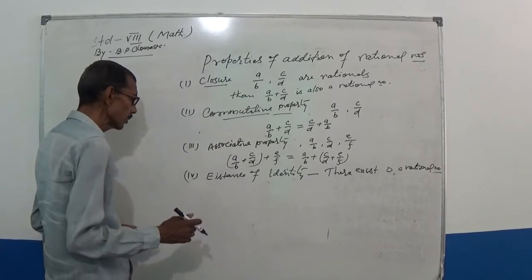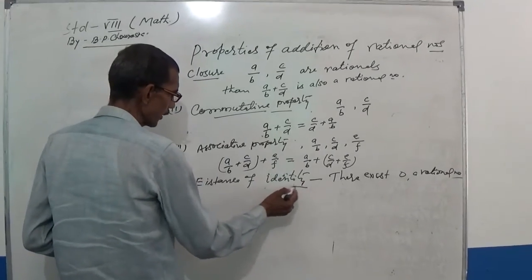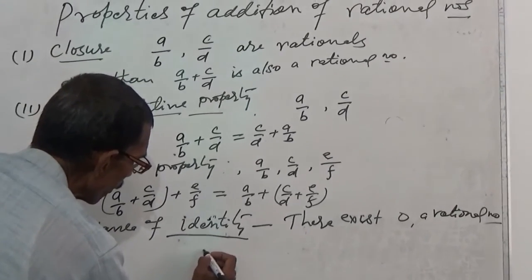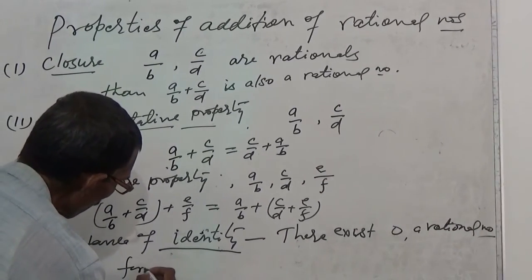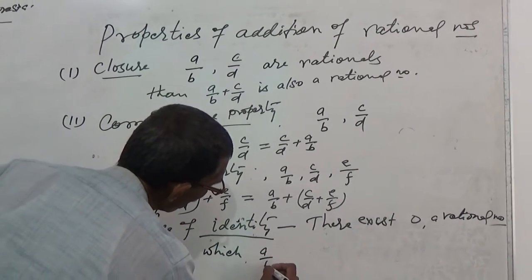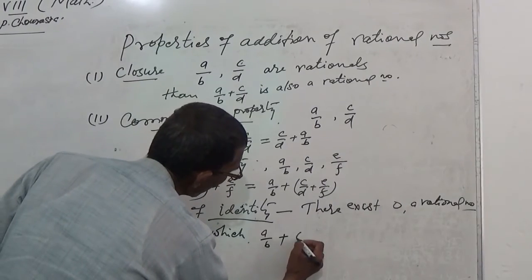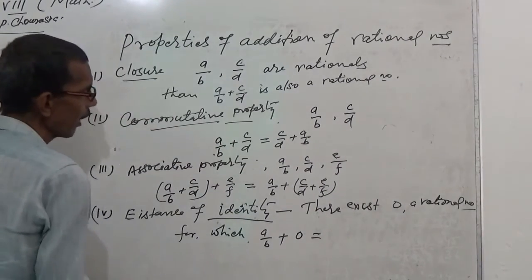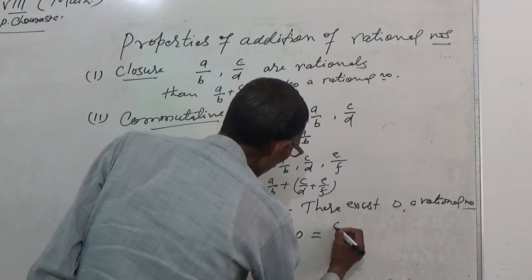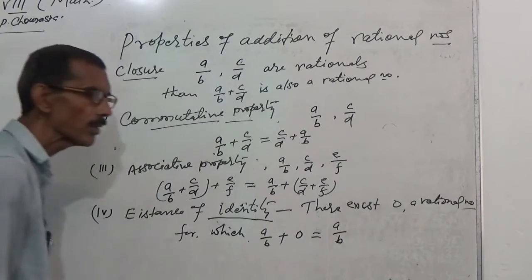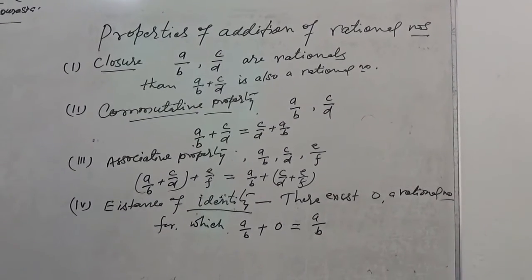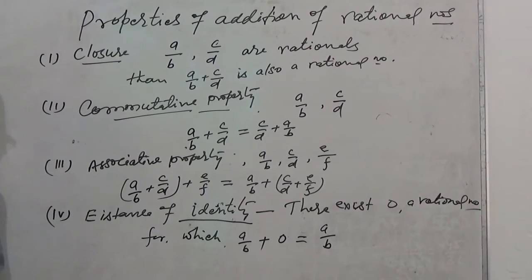So here the existence of zero is the identity element. Suppose A by B is a rational number, and if you add A by B with 0, then you get A by B only. So here 0 is the identity of rational numbers.